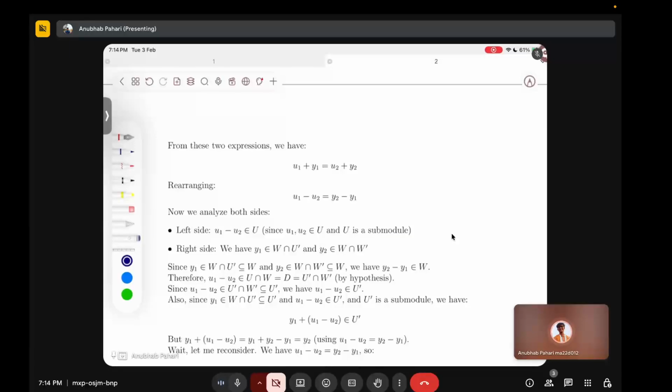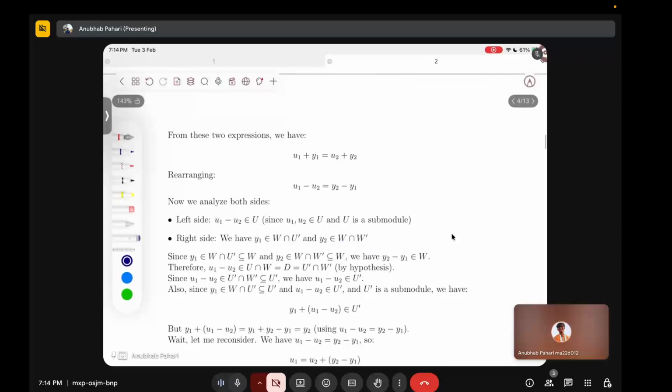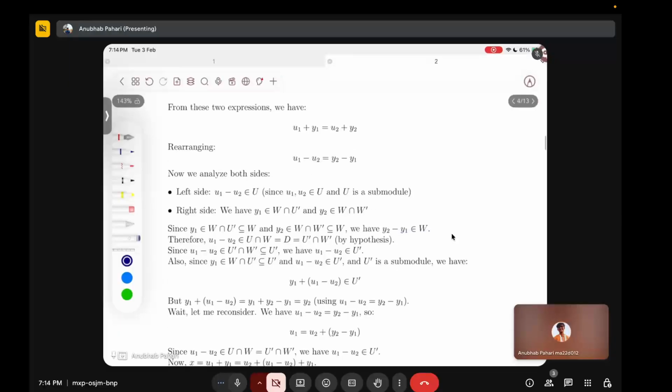And also one thing to notice is that small y1 belongs to this intersection and small y2 belongs to this intersection. Now therefore what happens is that small y1 belongs to capital W and small y2 belongs to capital W. Therefore their intersection is also in W, I mean their difference.